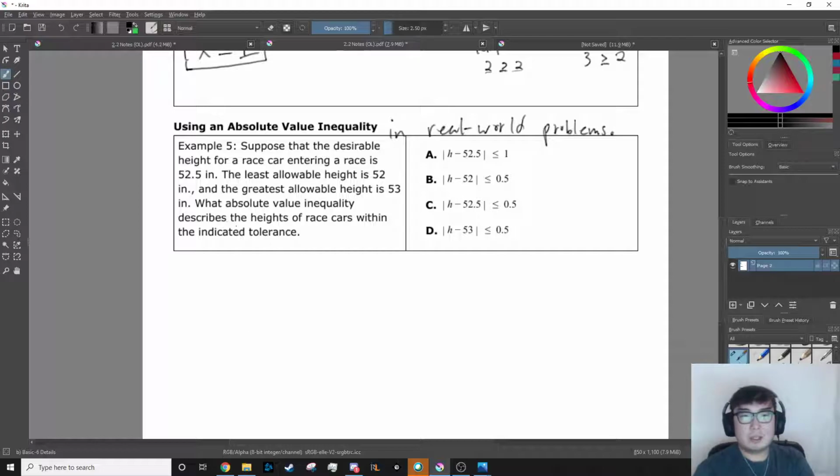So example 5. Suppose that the desirable height of a race car entering a race is 52.5 inches. The least allowable height is 52 inches and the greatest height is 53 inches. What is the absolute value inequality describing the height of race cars within the indicated tolerance?